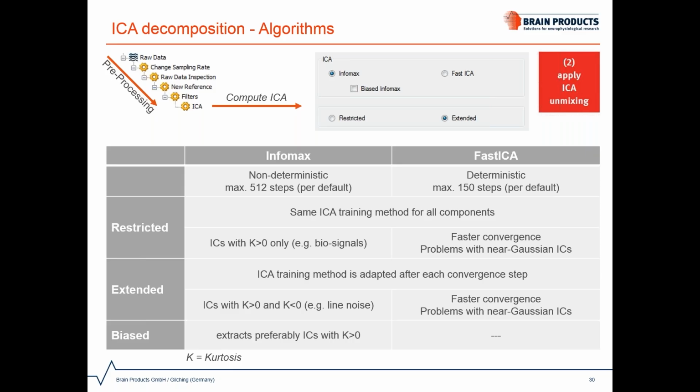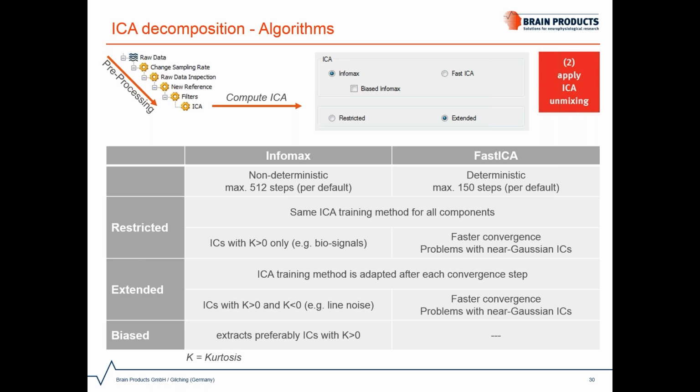One important point about the restricted Infomax algorithm, which we used actually in the last run that we did, it can only separate components with positive kurtoses. So unlike the extended Infomax, which can also extract both positive and negative kurtoses.